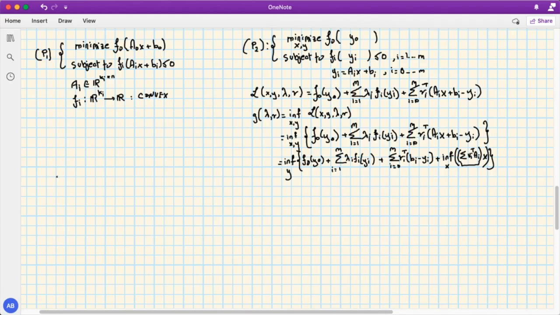So the dual problem will have to impose this constraint somewhere, right? So if I go ahead and say subject to, I'm going to have to impose that the sum on nu i transpose Ai is 0, right? Where i is going from 0 till m.